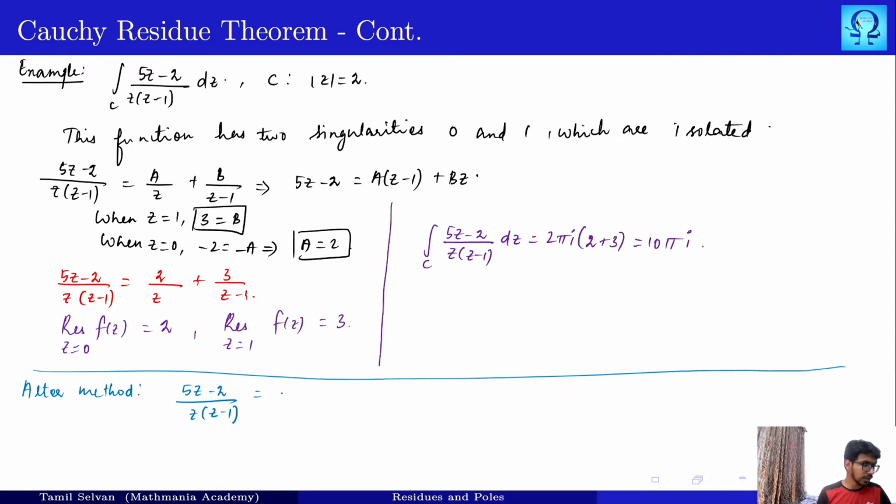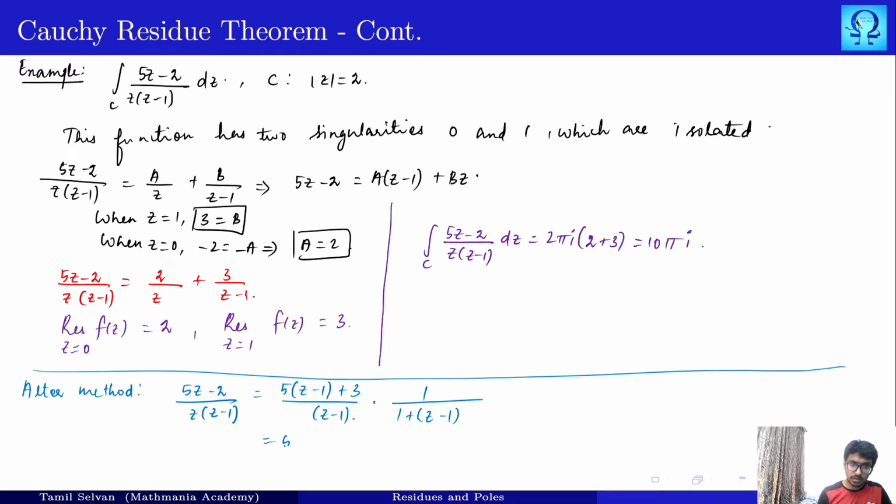This one we write as 5 times z minus 1, so it becomes 5z minus 5. But we have only minus 2, so we'll have to add 3 upon z into z minus 1. Now let me write only this way, and that z, let me write it this way.